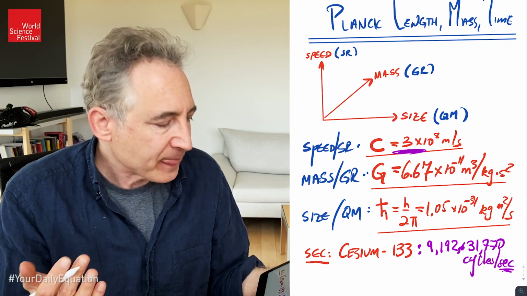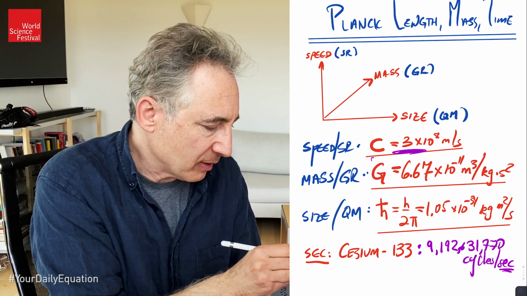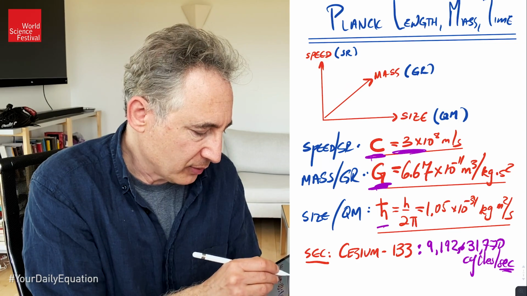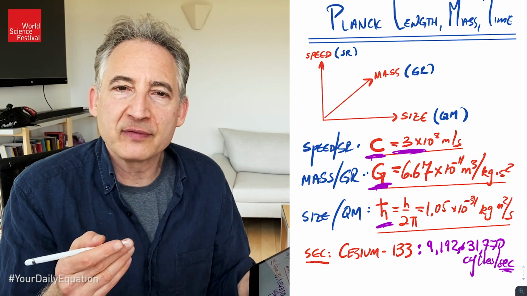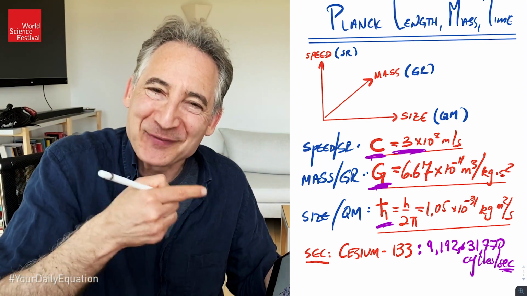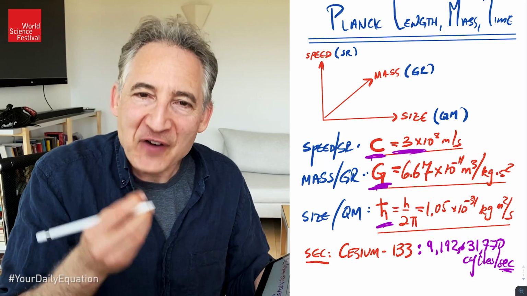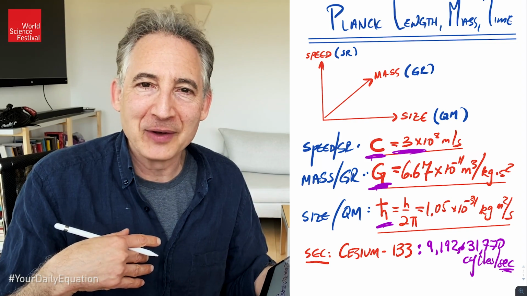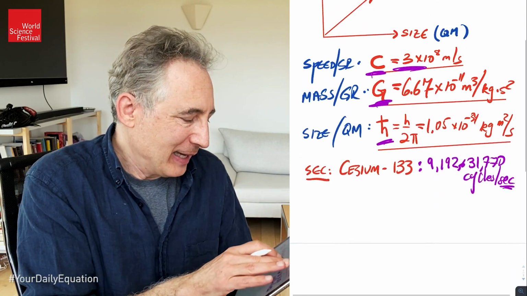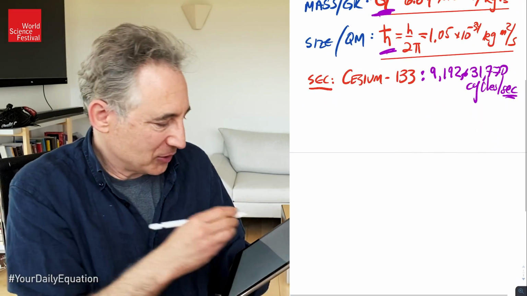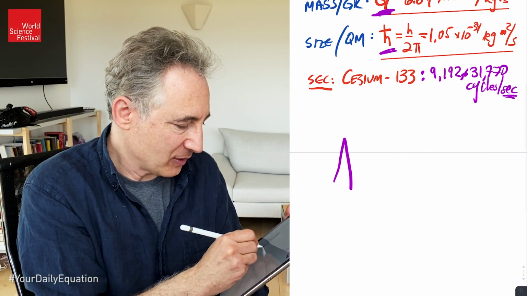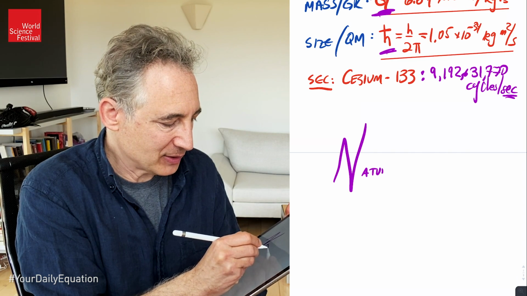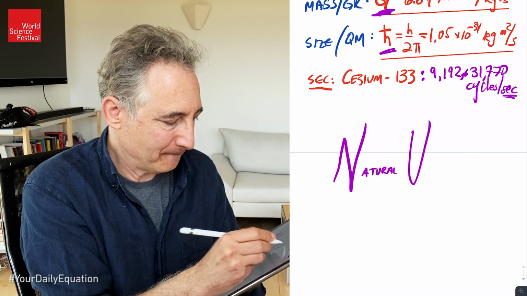So the point is, when you have these fundamental numbers about the world, their values depend upon the units. And in fact, you can use these fundamental numbers to define the units. And that's what I'm going to do right now. So I'm going to introduce now this notion that we physicists often call natural units.